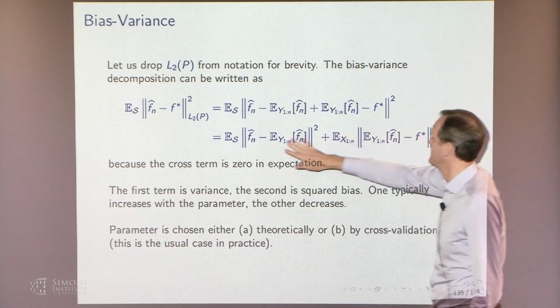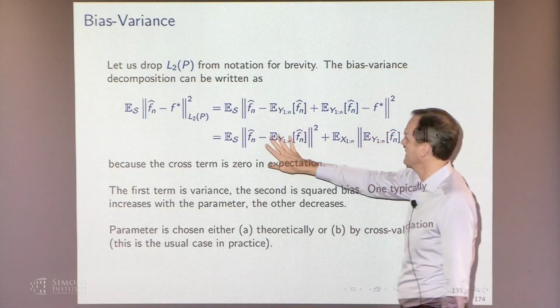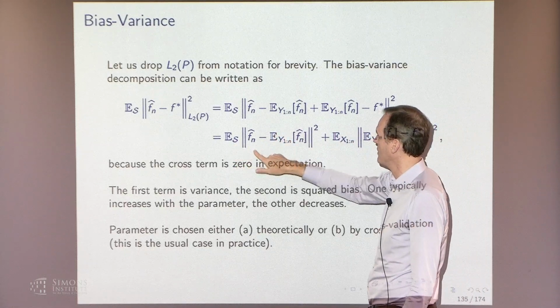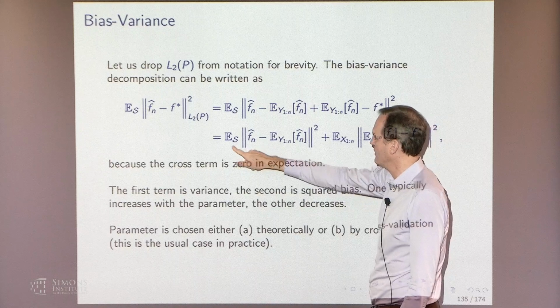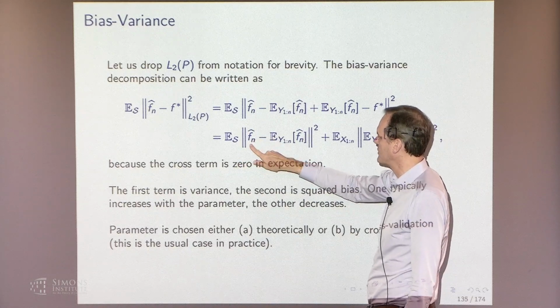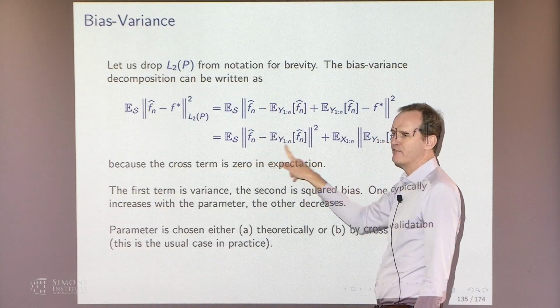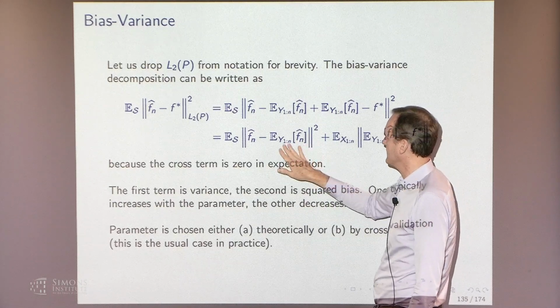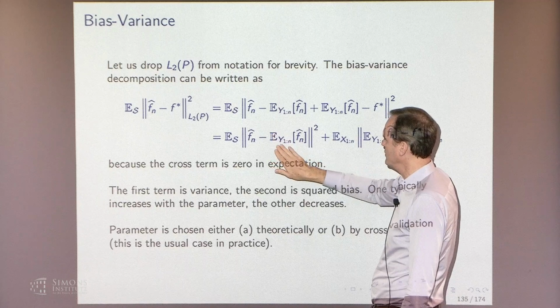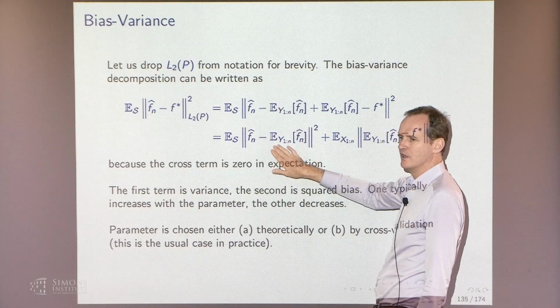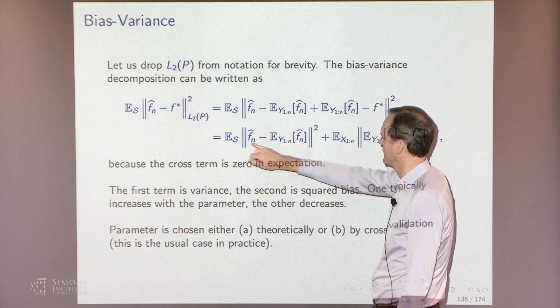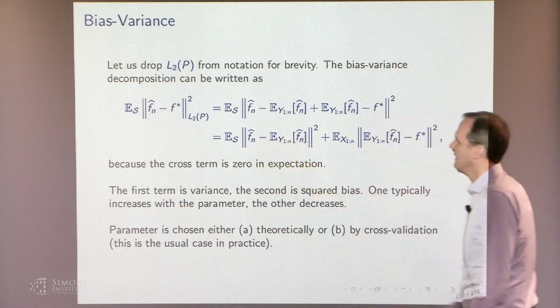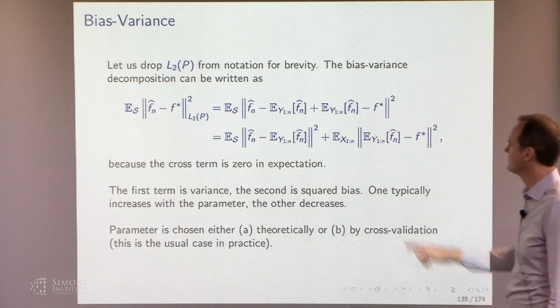And so we have two terms here. There's an expectation over the sample of the prediction here versus this averaged prediction, right? So if we knew the conditional distribution, then this is the average of those predictions. So this is a variance term.